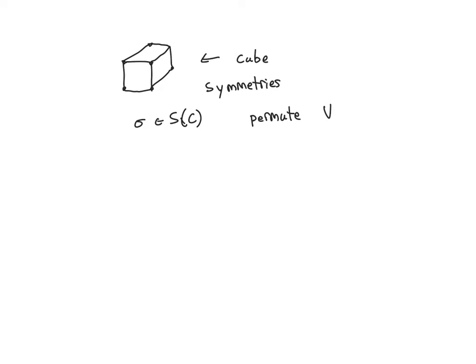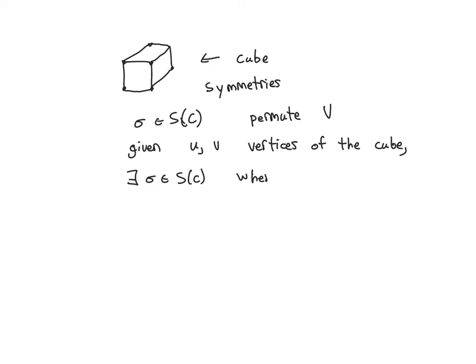And it's not too hard to see that given any two vertices of the cube, u and v, there exists a symmetry sigma where sigma of u equals v.